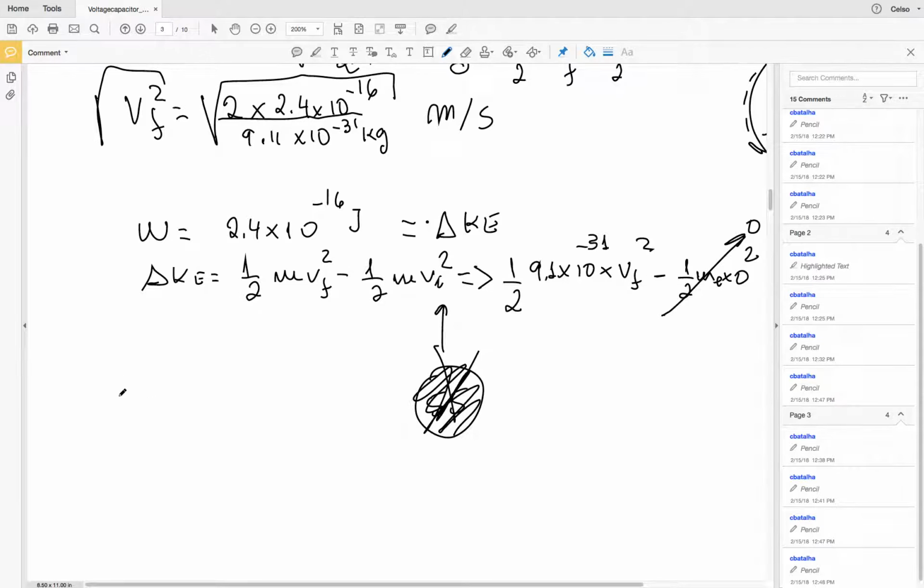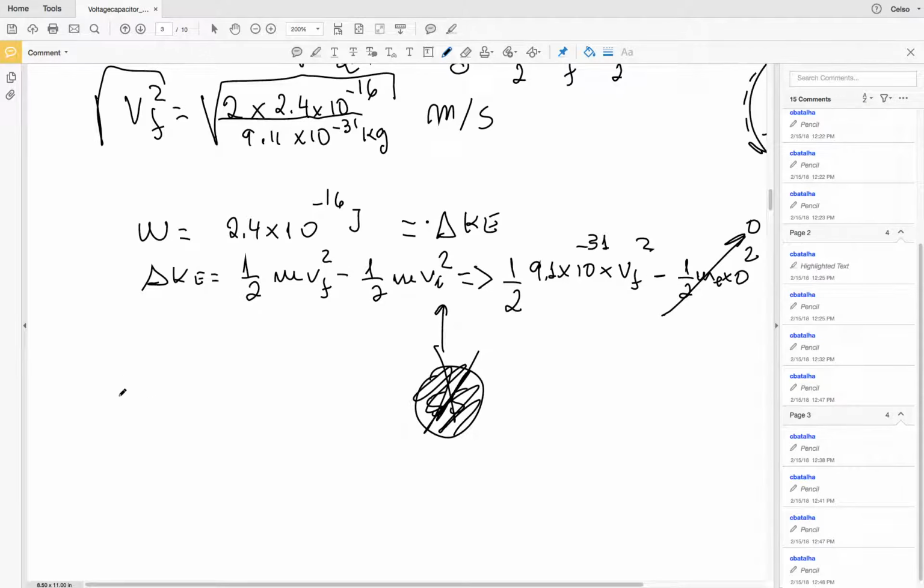So I'm left with 2.5 times 10 to the minus 16 joules, which is equal to the change in kinetic energy, half times 9.1 times 10 to the minus 31 times V final squared.